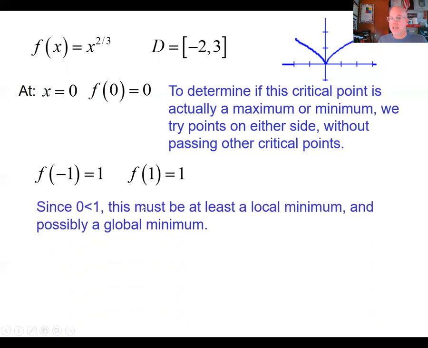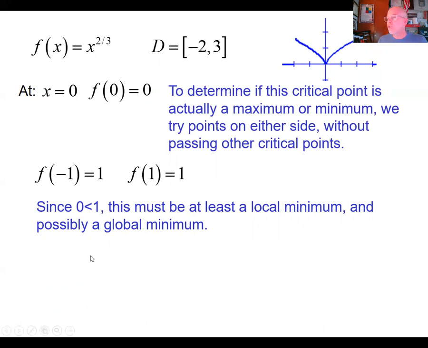And I substitute 1 into the original function, and I get a coordinate of 1. So on the left side, I have a value of 1, and on the right side, I have a value of 1. And at 0, I have a value of 0. So at that point, I know 0, 0 is less than the 2 points that are on either side, so I know that it is a local minimum.